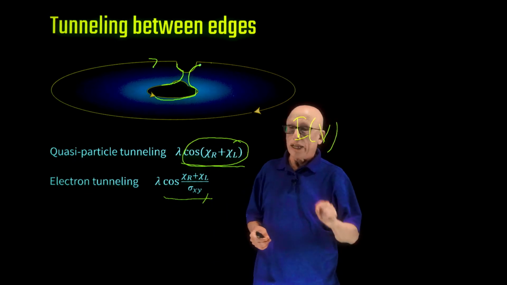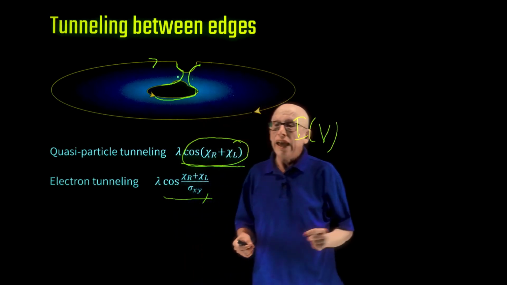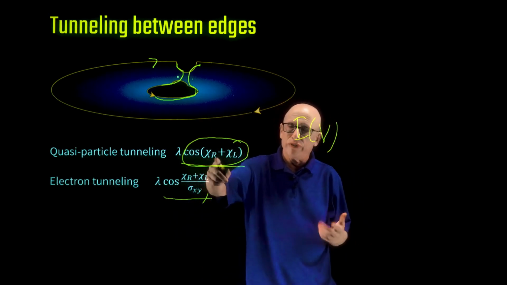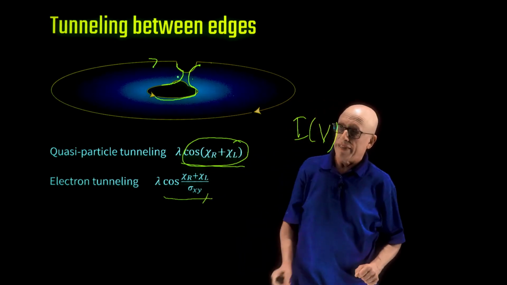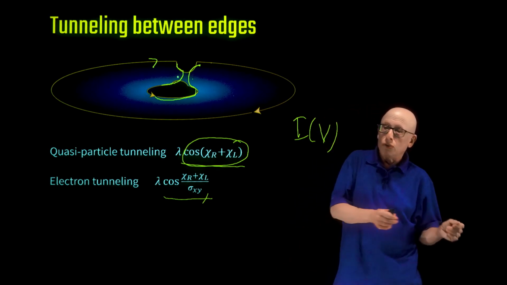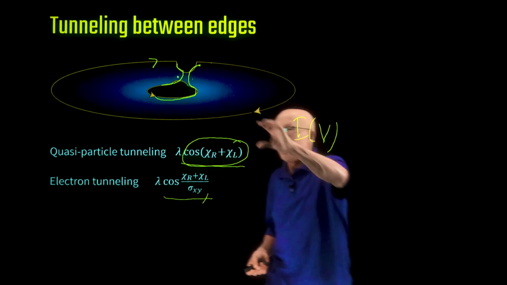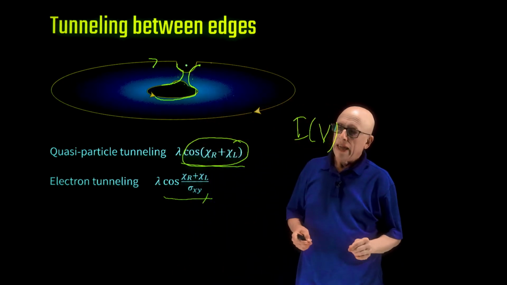But not quite, because electrons can still tunnel from this side to this side, and that corresponds to tunneling of the state of the system from one minimum of this cosine to another. Now, what determines whether lambda is large or small? First of all, of course, how close these two edges are brought to be.